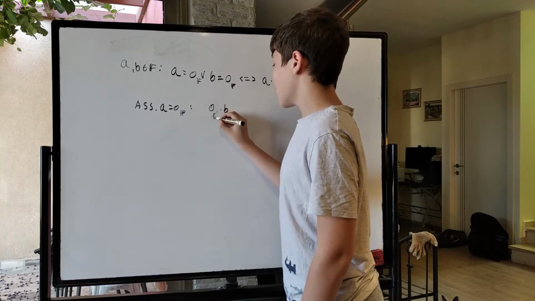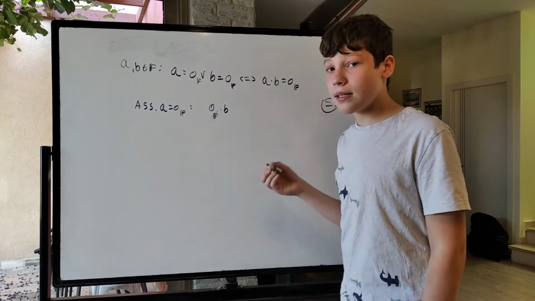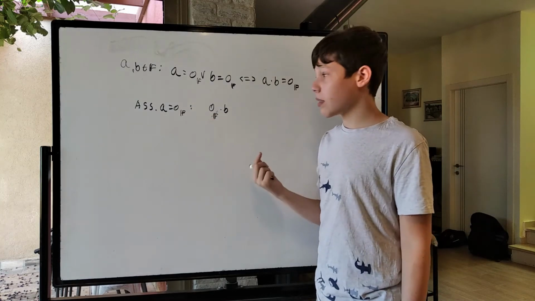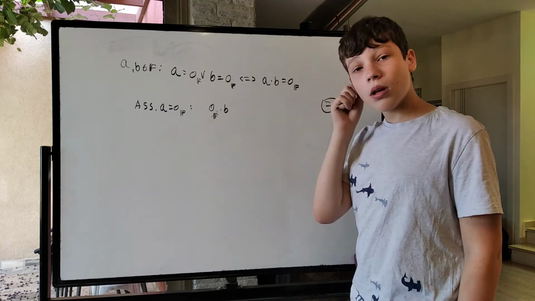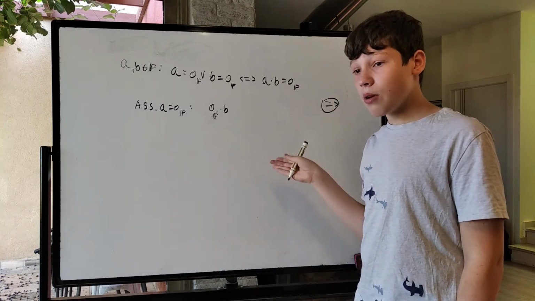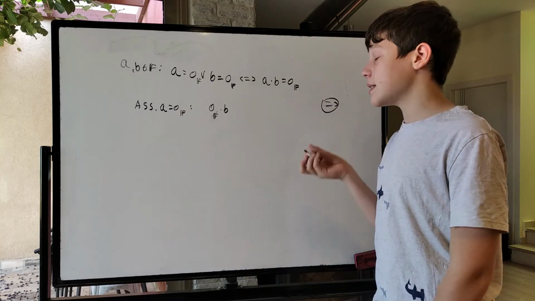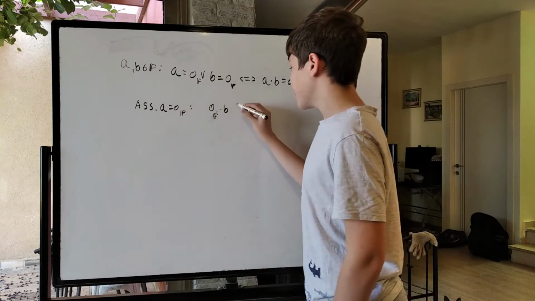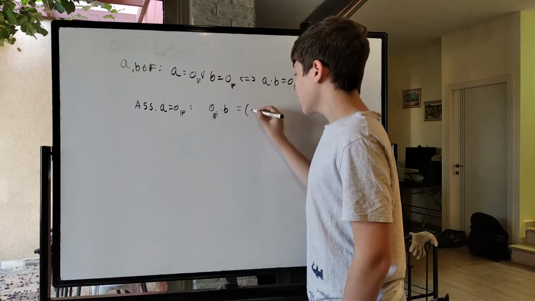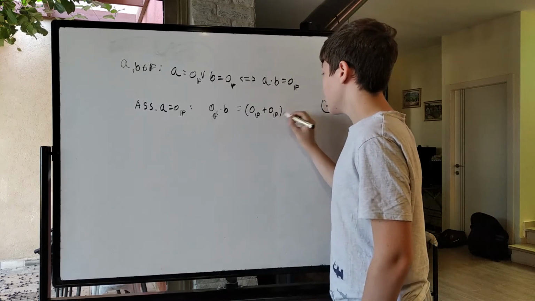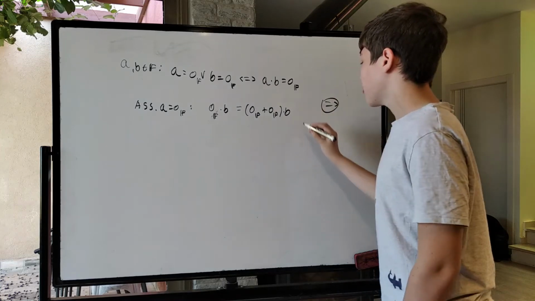The additive identity tells us anything plus this will give you the same thing. So 0 is the same as 0 plus 0, because we'll be able to remove one of the zeros as it's the additive identity. So we can say that this is our 0 plus 0 times b.